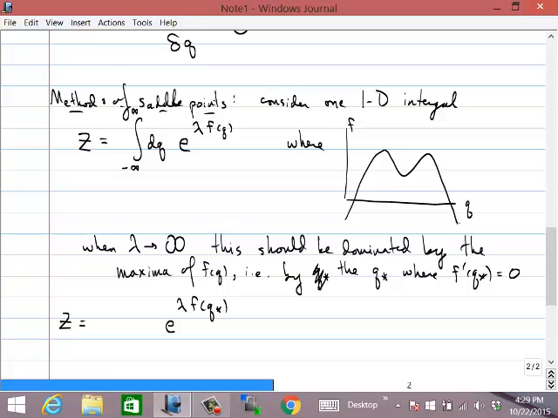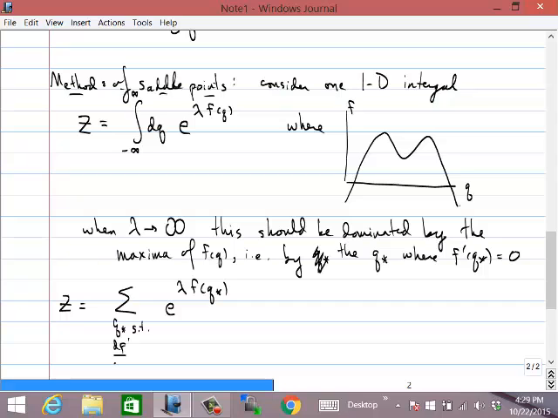So in general, if you have many local maxima, you'll expect some approximate result for this integral, which looks like the sum over all q star, such that df by dq evaluated at q star is equal to 0, of e to the lambda times the function at that point.